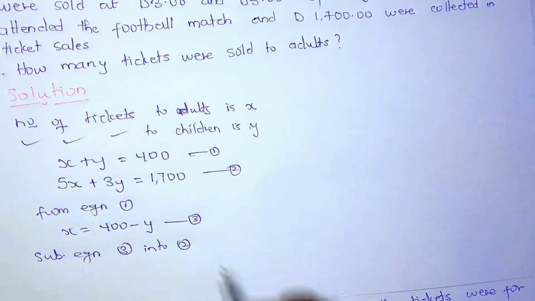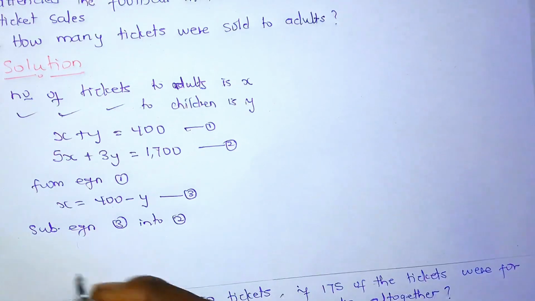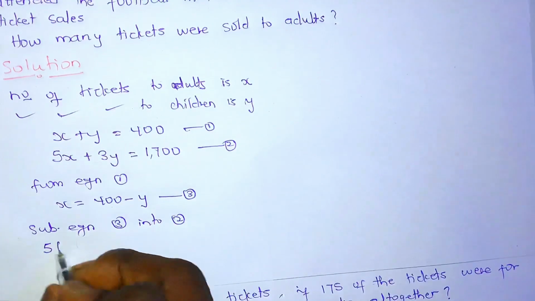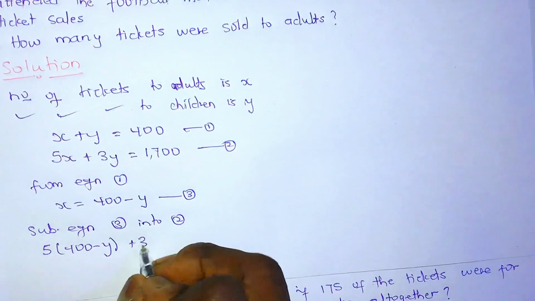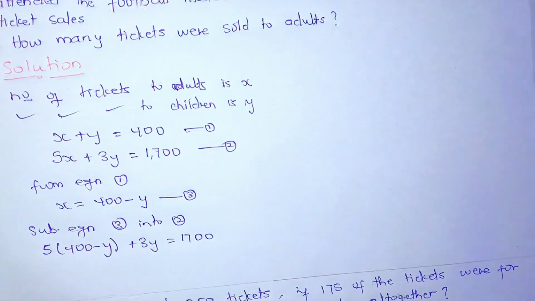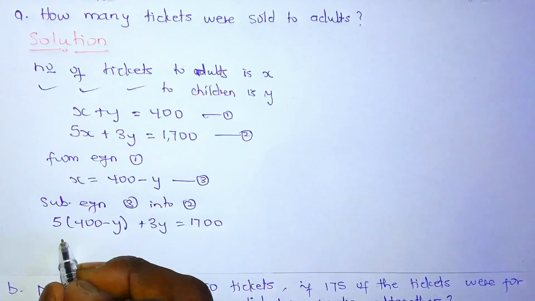Now, if we do that, we get 5, that's equation 2, into bracket 400 minus y, plus 3y to be equal to 1700. So what we do next is we expand.